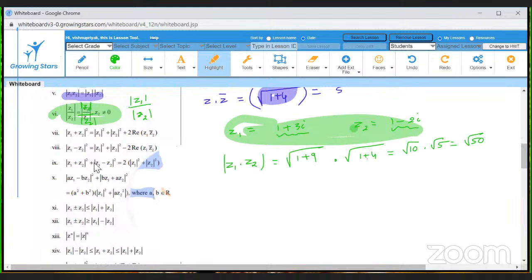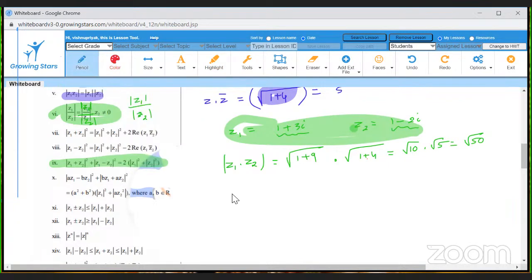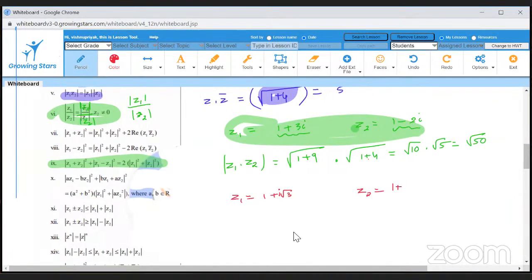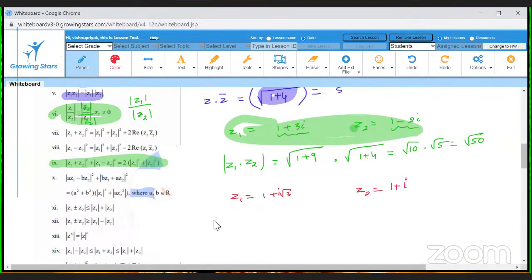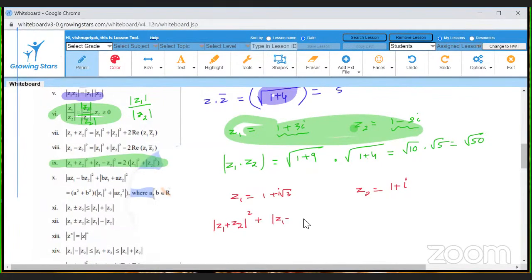Suppose this formula: mod of Z1 plus Z2 whole square plus mod of Z1 minus Z2 whole square is twice of mod of Z1 square plus mod of Z2 square. Take any example. Say Z1 you take 1 plus root 3 i, Z2 you take as 1 plus i, something like this. Suppose in the question they ask you, what is mod Z1 plus Z2 square plus mod of Z1 minus Z2 square?